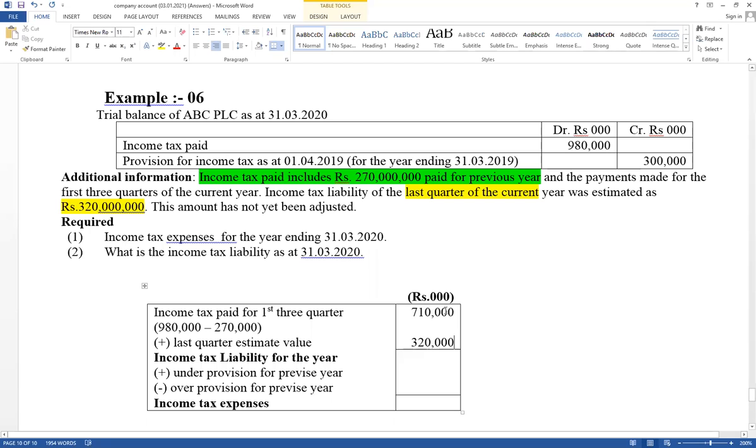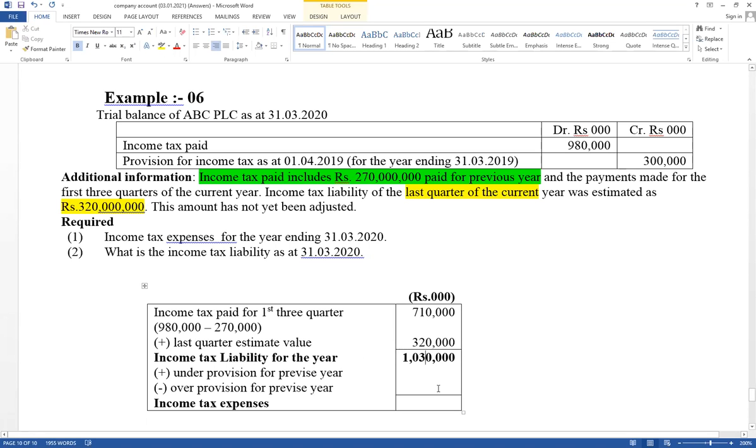First 3 quarter paid amount plus last quarter estimate value equals income tax liability for the year. It is equal to 1,040,000.